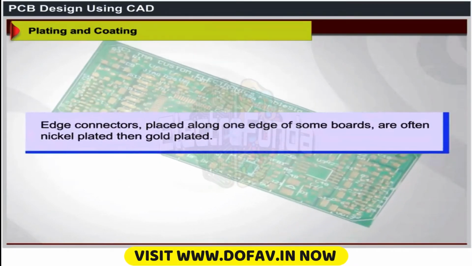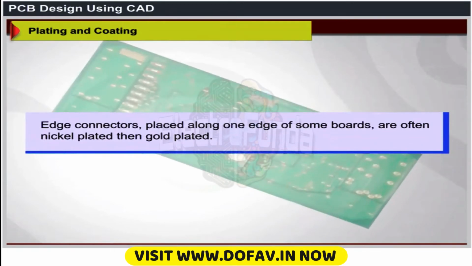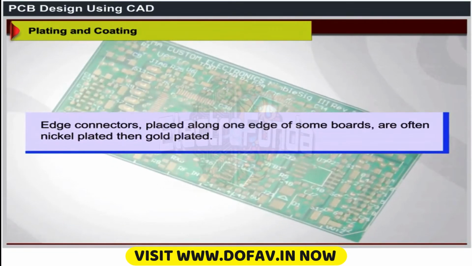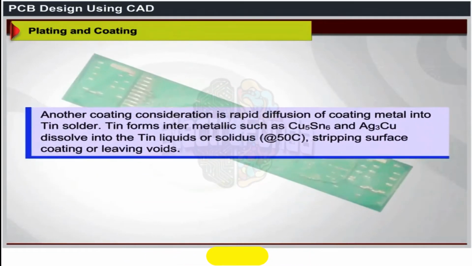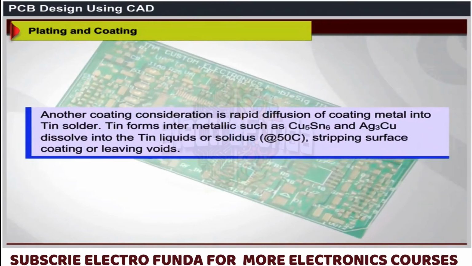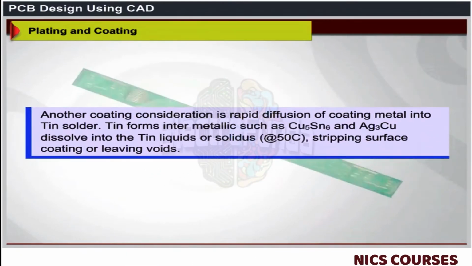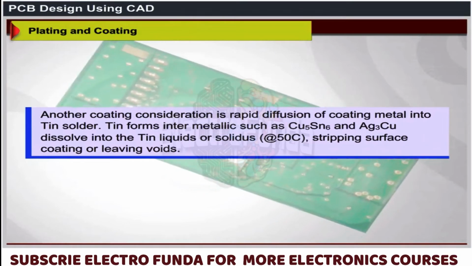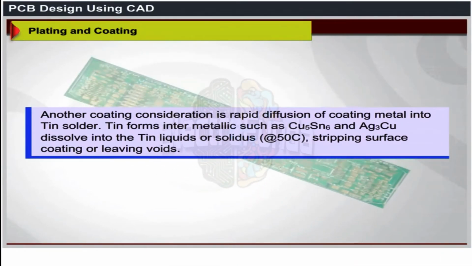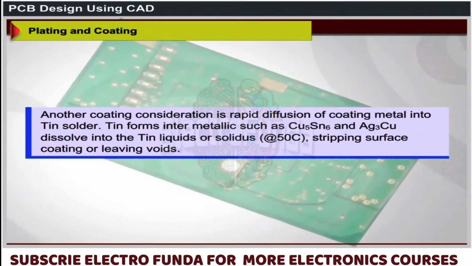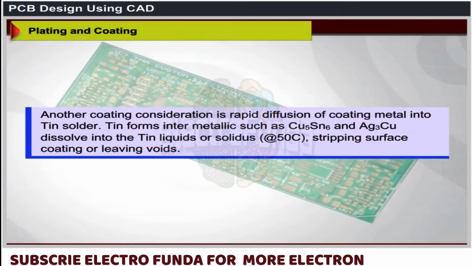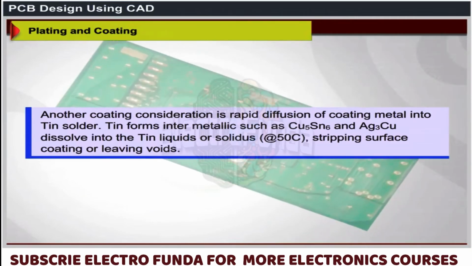Edge connectors placed along one edge of some boards are often nickel plated then gold plated. Another coating consideration is rapid diffusion of coating metal into tin solder. Tin forms intermetallics such as Cu5Sn6 and Ag3Sn that dissolve into the tin liquid or solid at 50 degrees Celsius, stripping surface coating or leaving voids.